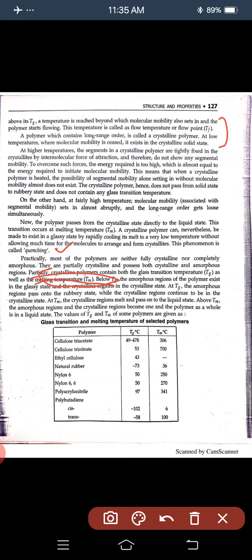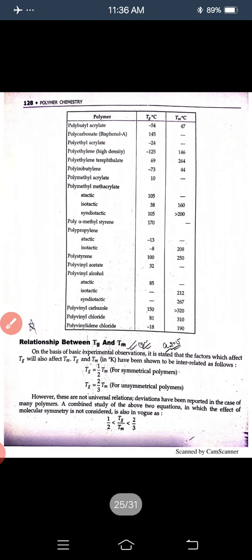Ethyl cellulose: 43, and Tm is not measured. Natural rubber: minus 73 and 36. Nylon 6,6: 50 and 250. Nylon 6: 50 and 270. Polyacrylonitrile: 97 or 341. Polybutadiene, cis and trans: cis 10 and 102, and trans 58 to 100. This is the Tg and Tm of polymers.